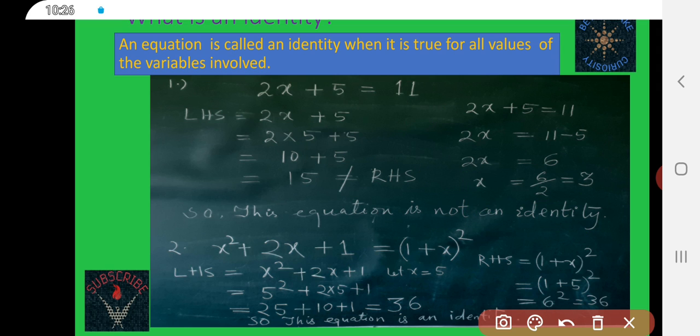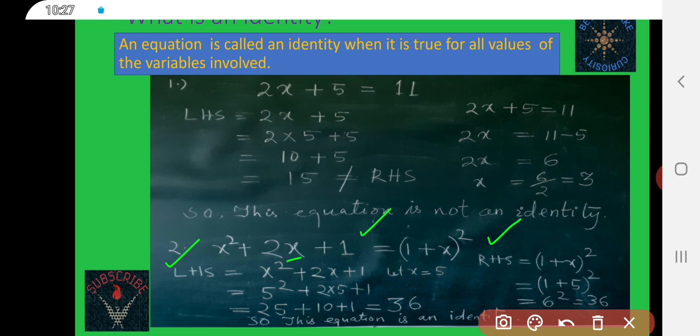Now take another example. x square plus 2x plus 1 is equal to (1 plus x) whole square. Is it an identity? Now we have to check. If this equation is satisfied for all values of x, the variable here, then we can say this equation is an identity.